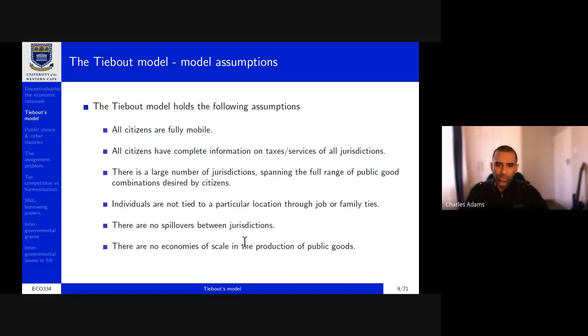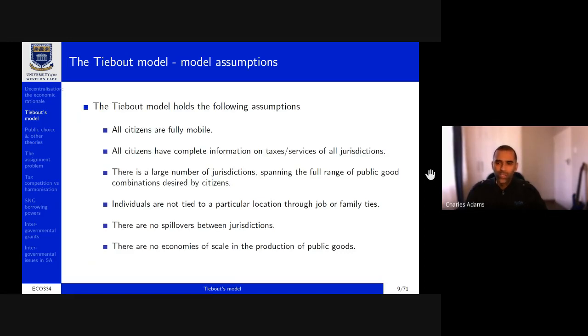Then there are no spillovers between jurisdictions, also important, because if there were such things as spillovers, if one jurisdiction produced a mix of goods and services desired by some subset of a population, and an adjacent one did not, but it benefited from the spillover from the initial jurisdiction, citizens can move to that one just adjacent to the one that represents their preferences, but where they may not have to pay for those goods and services they desire, right?